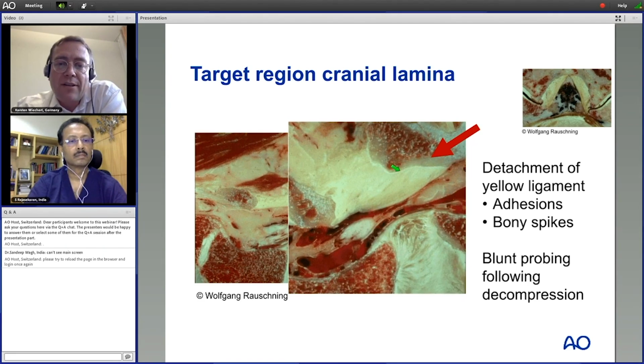In this case, you have the cranial attachment, and this usually goes further up cranially than one would expect. So in order to make sure you really detach everything, you need to go a bit under the lamina, and that's where these occult tears easily happen.